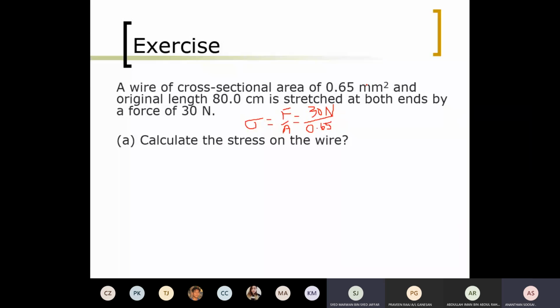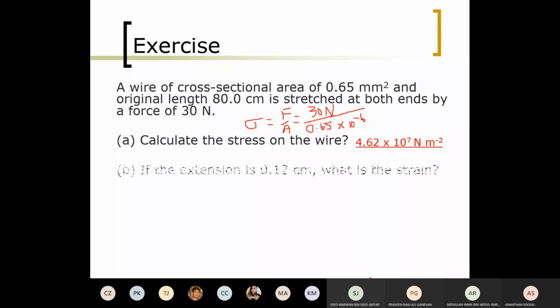Change to meter: millimeter square changed to meter square is 10 to the power of -6. Then you should get this answer, 4.62 times 10 to the power of 7. Okay, 46, so 10 to the power of 7.